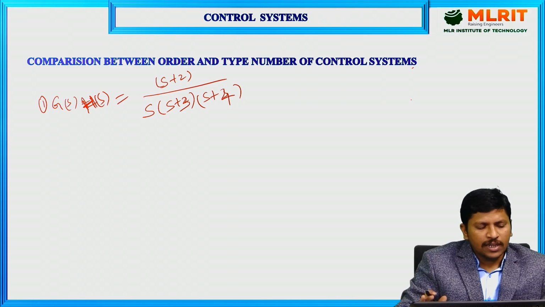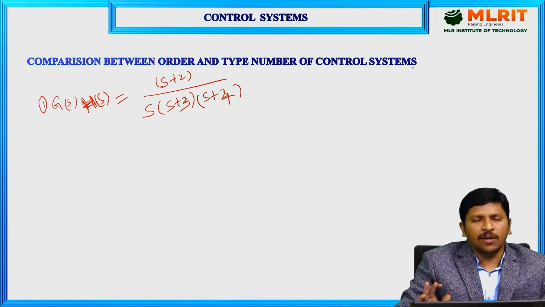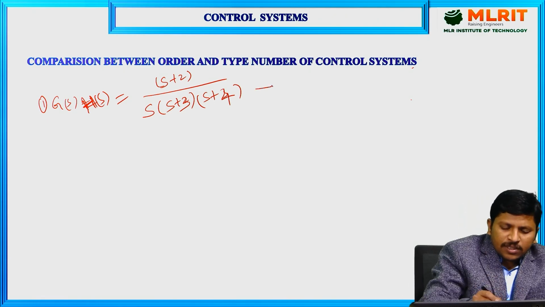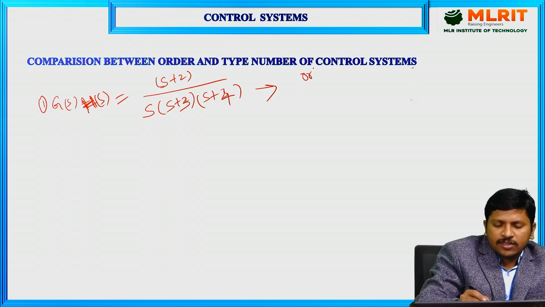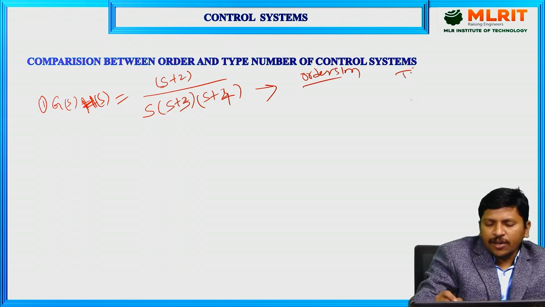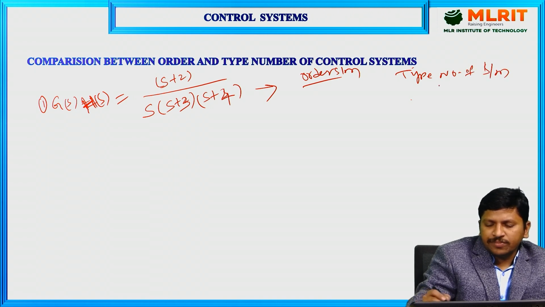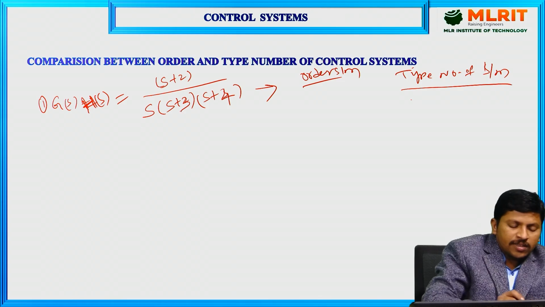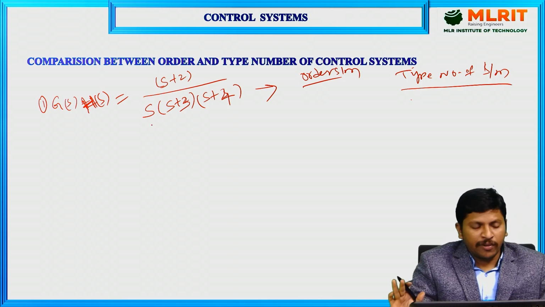How to calculate the order of the system and type number of the system from the same example. Just observe this example: what is the order of the system, and what is the type number of the system? Here, order is nothing but the maximum power of s.